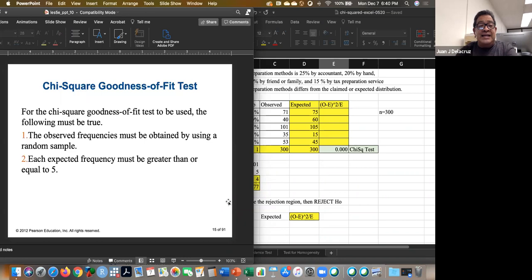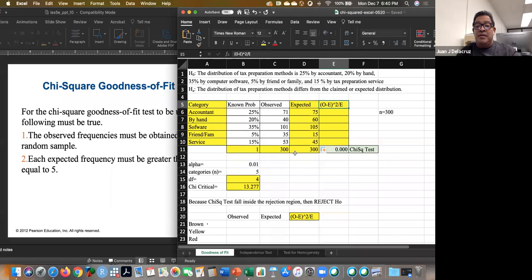So for the chi-square goodness of fit to be used, the following must be true. The observed frequencies must be obtained by using a random sample. Of course, I need to do this as random as possible. How can I do it? Well, like in the old times, I will just go to the street and ask people how they do their tax preparations, whether they do it, and if they do it, what is the method they use.